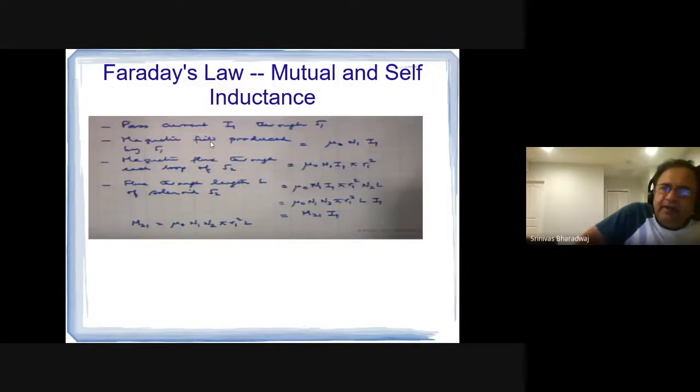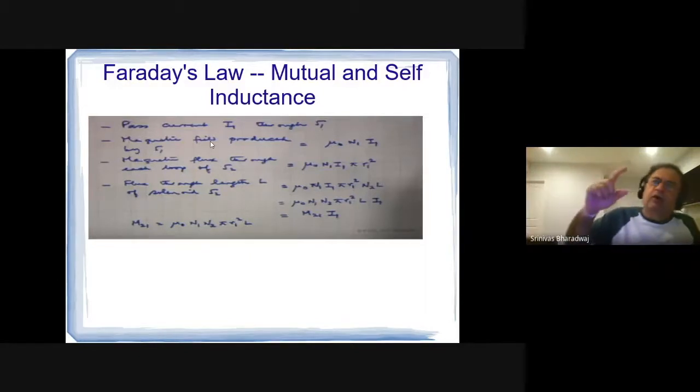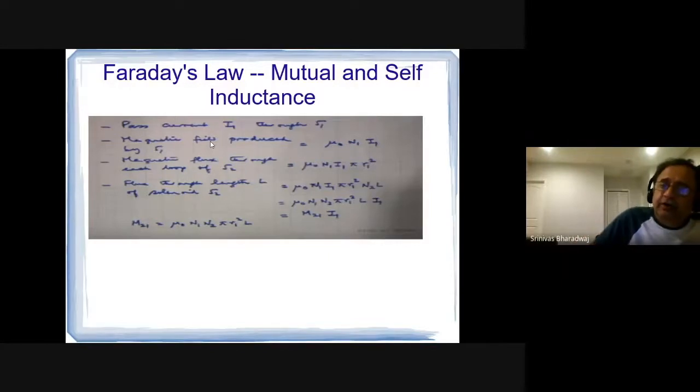Now we turn to the other coil, right? There are N2 turns per unit length in the other coil times L, right? So that is the total flux that goes through that coil. The area is the same, therefore that is the total flux that goes through a length L of solenoid 2.